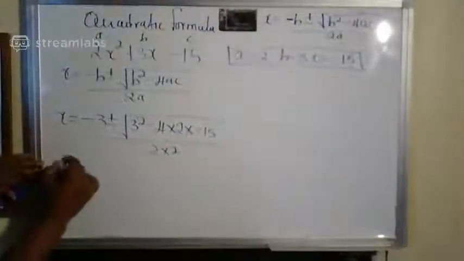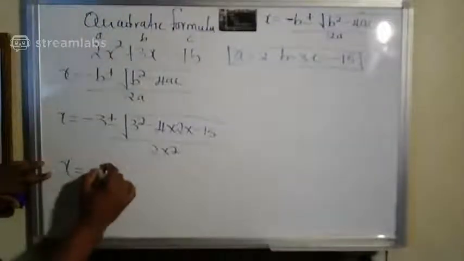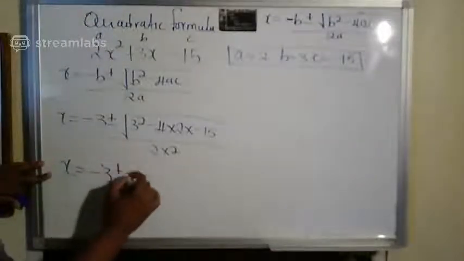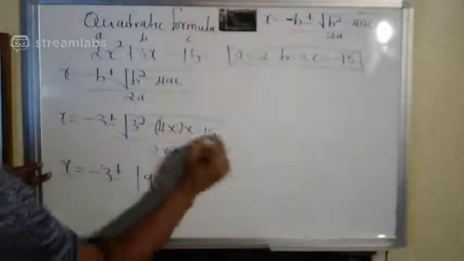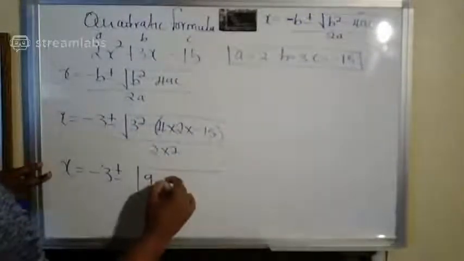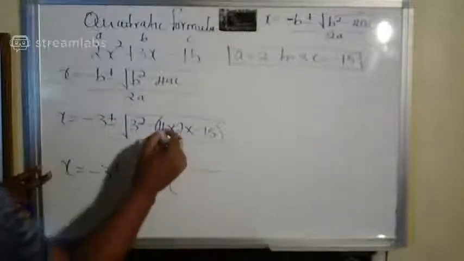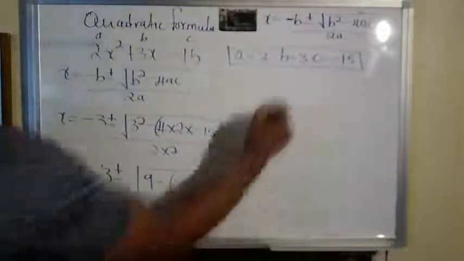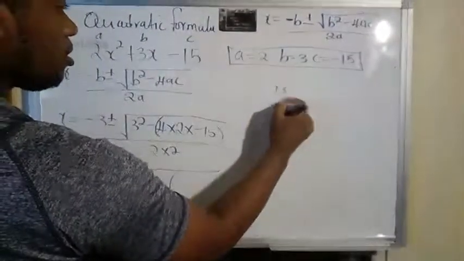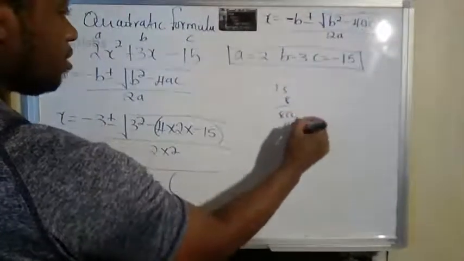Alright, so we can do the maths. Negative 3 plus or minus the square root of 3 squared, which is 9. Put this in a bracket, guys. 4 2s are 8. 8 times 15: 8 1s are 80, 8 5s are 40, that's 120.